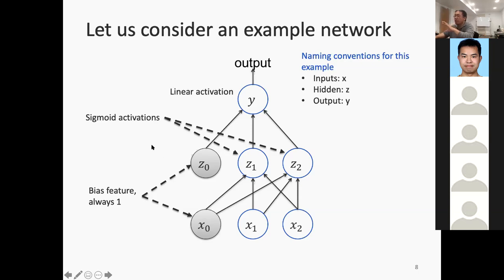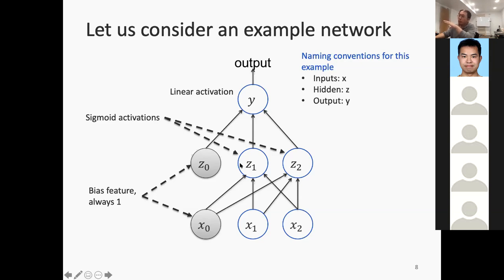For each hidden layer, to get the value associated with each neuron, we need to conduct 2 steps. First, we calculate the linear prediction score, and then we apply this activation function, say sigma. But in the final output, I want you to pay attention, we do not apply any activation function.